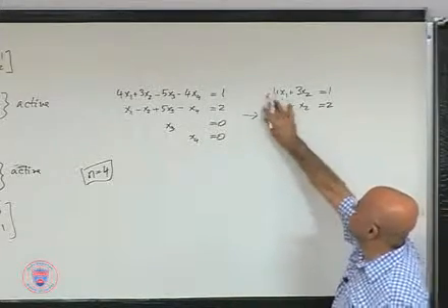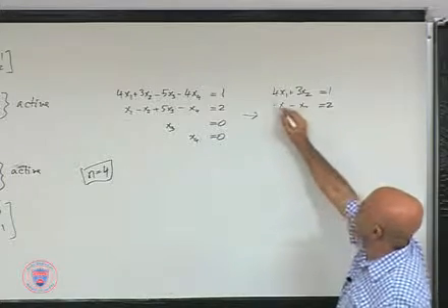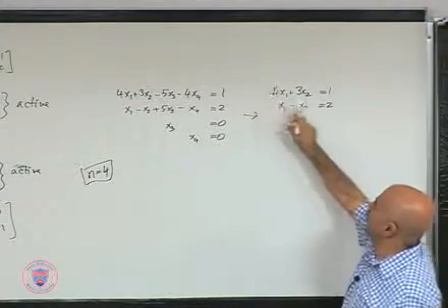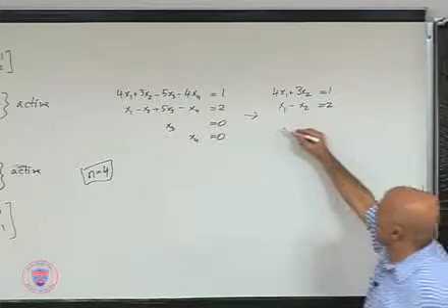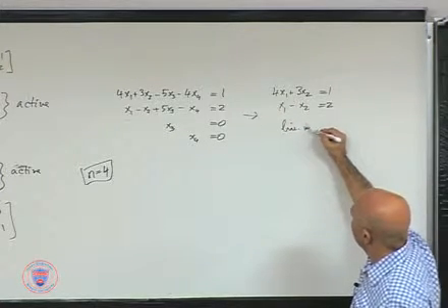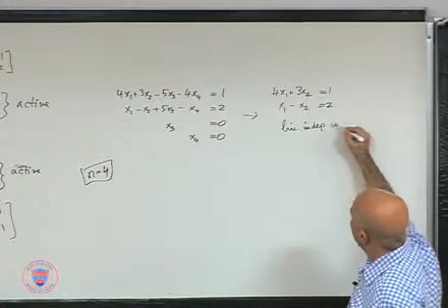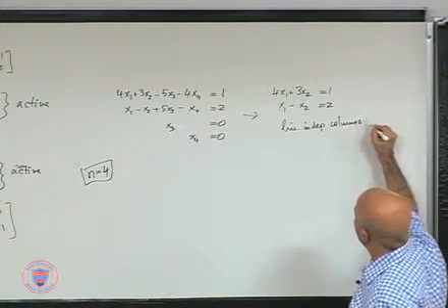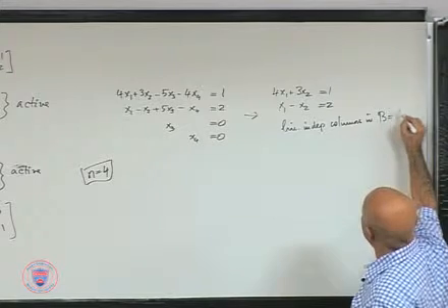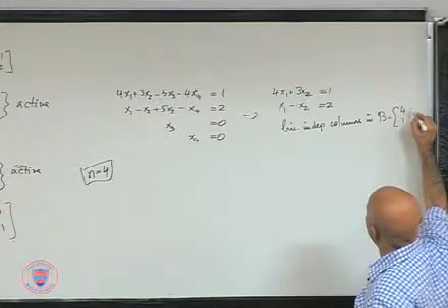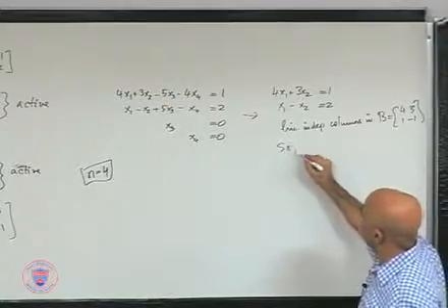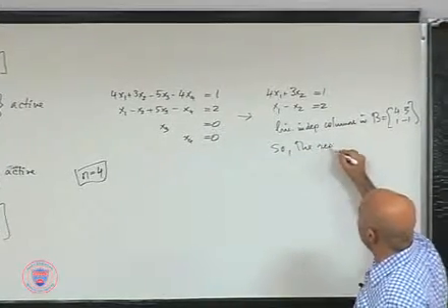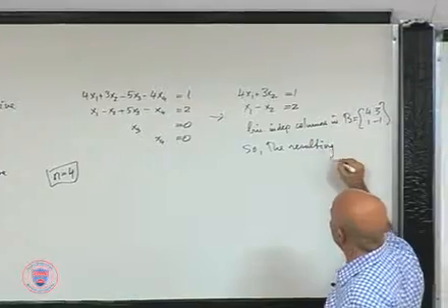And you can see that the columns here, 4, 1, and 3, minus 1, are linearly independent. Columns in B, which consists of 4, 1, and 3, minus 1. So the resulting solution is basic.